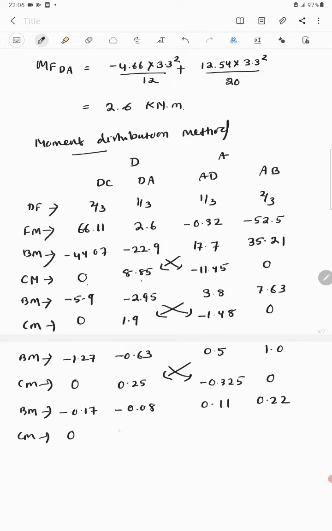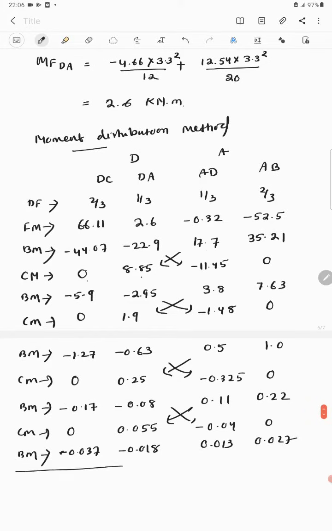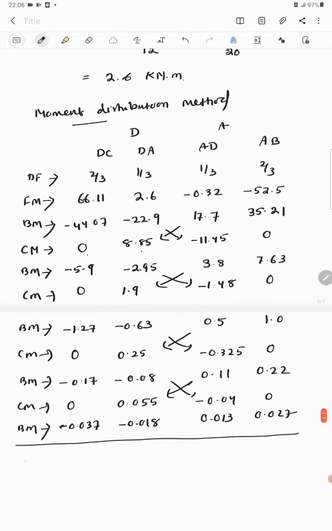Carryover moment, 0, 0.055, minus 0.04, 0. Balance moment: minus 0.037, minus 0.018, 0.013, 0.027. So let's stop here and calculate the total.